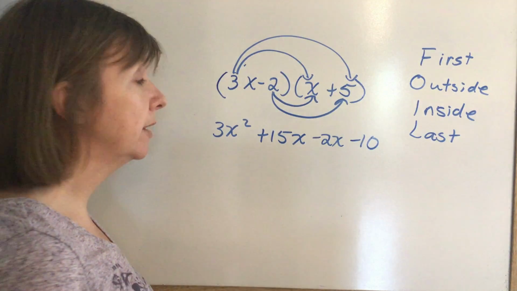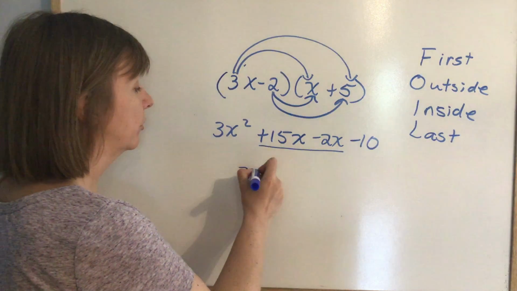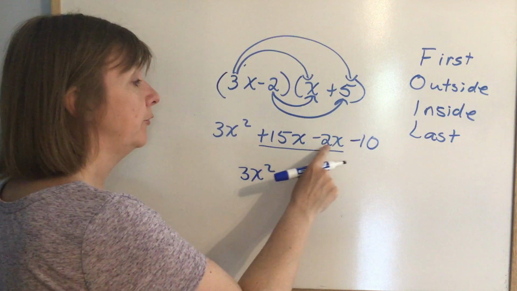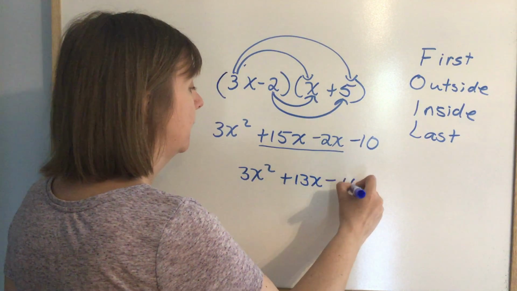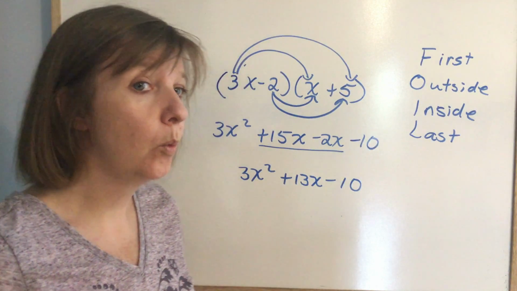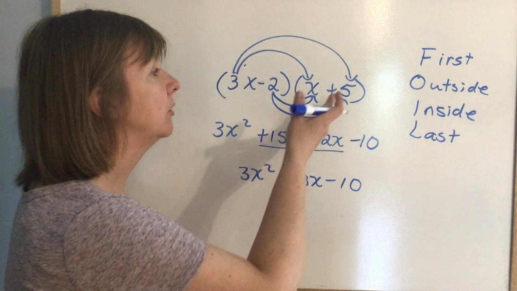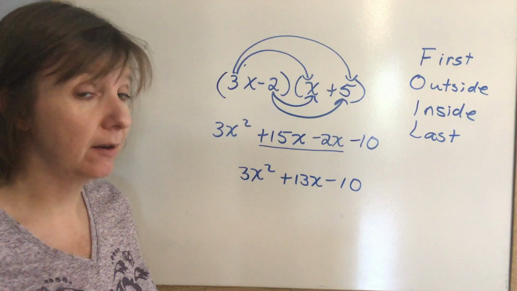At this point, the only thing you can do is simplify the like terms. So 3x squared and 15x take away 2x would be 13x minus 10. Very often, when you multiply a binomial times a binomial, you get a trinomial as an answer.